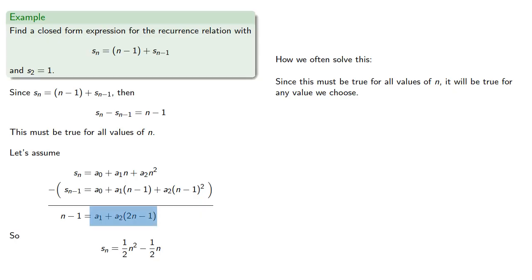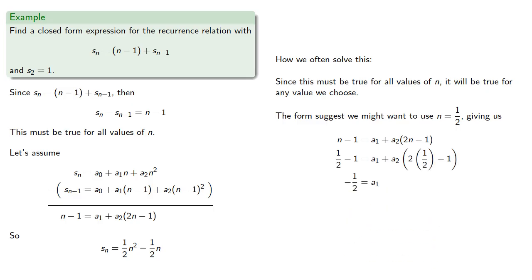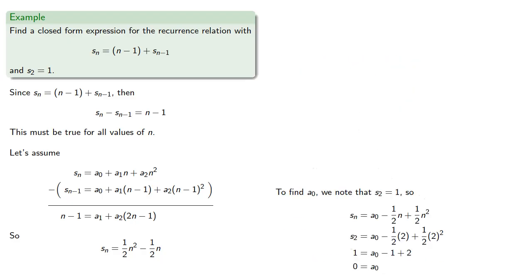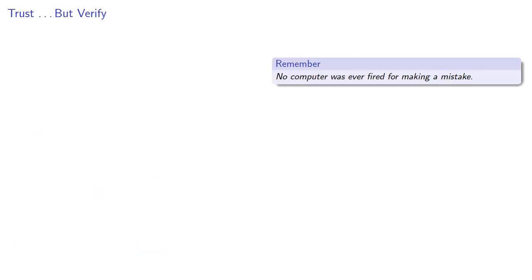The form suggests we might want to use n equals 1/2, which gives us, to get a2, we use the fact that we know a1 and choose another value for n, say n equals 1, which gives us, and again, a0 can be found in the same way. And remember, no computer was ever fired for making a mistake.